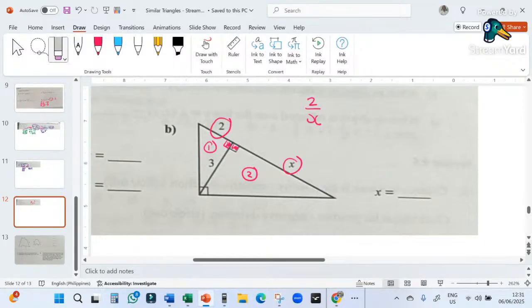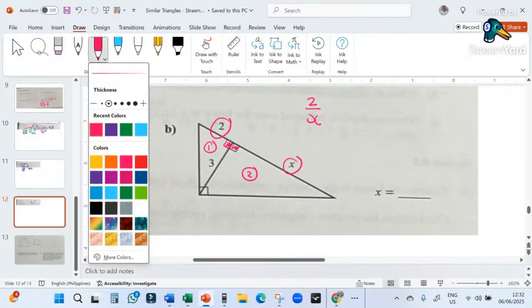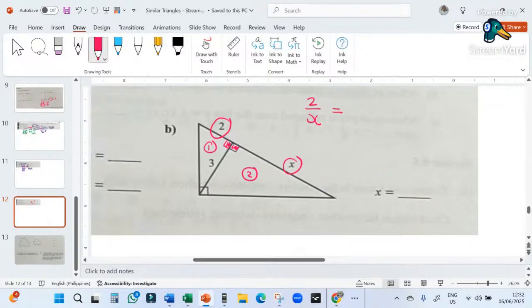Right. So, 2 over x, or 2 is to x, equal to, here, on this side of the two triangles, they are the same. So 3 is to 3. And the next side will be the hypotenuse, right? But we do not know the hypotenuse. So that will be equal to, let's say, this is our y and this is our z.